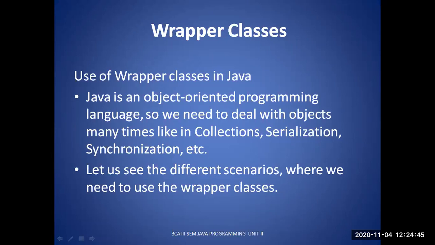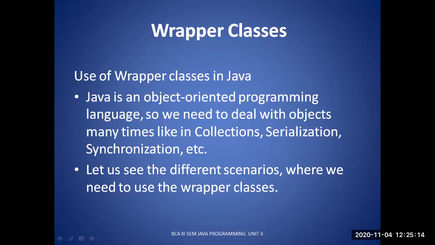Collection frameworks, which I just mentioned, are used to design data structures in Java, and wrapper classes will be helpful there. Serialization is nothing but saving the object's contents into a file or other objects. Synchronization is nothing but blocking the objects. So everywhere we need objects, and primitive data types will be converted into such objects.